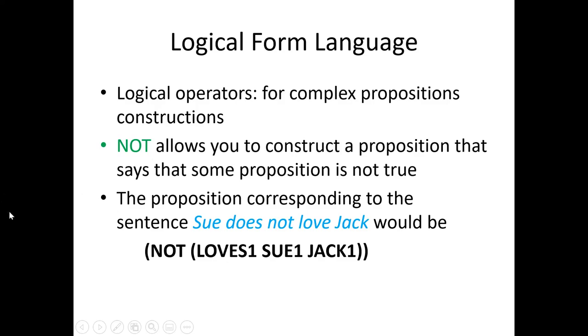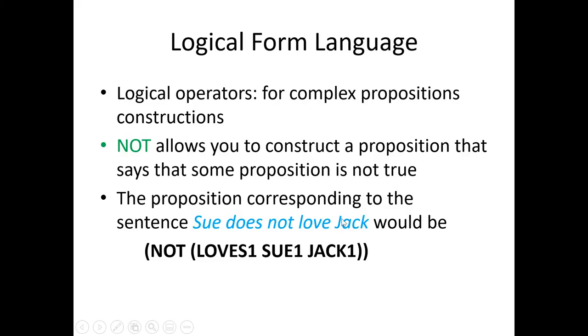Now, in this logical form language, you have logical operators also to represent complex proposition construction. For example, not is a logical operator which allows you to construct a proposition that says that some proposition is not true.